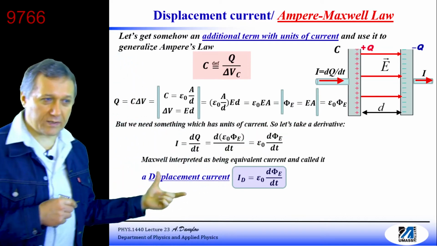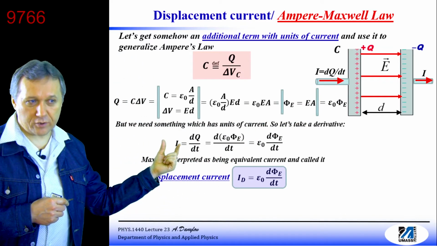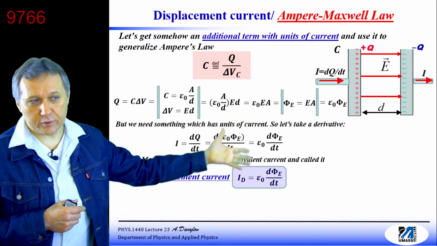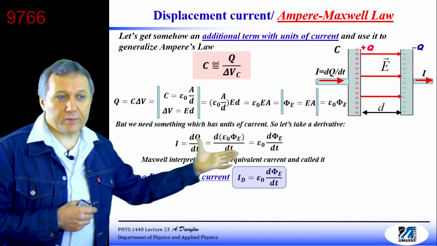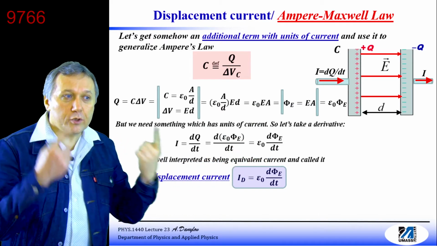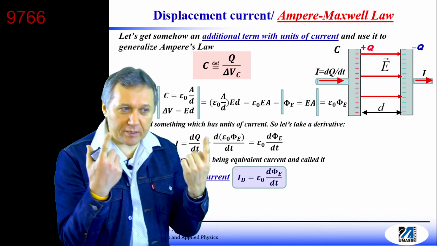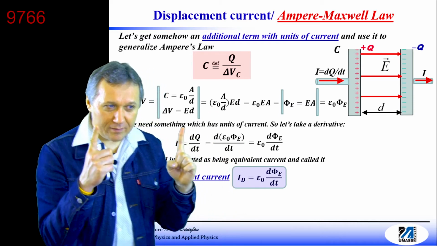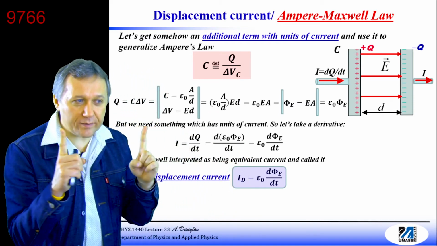So again, from one side, it's an actual current charging the capacitor. I don't know, 5 amps of current flows into the capacitor. And from the other side, on the right-hand side, we have our displacement current. So numerically, our displacement current equals the actual current. But they're equal just numerically.